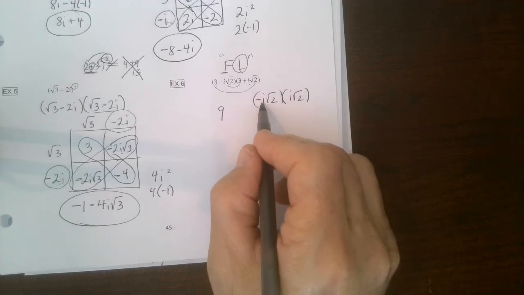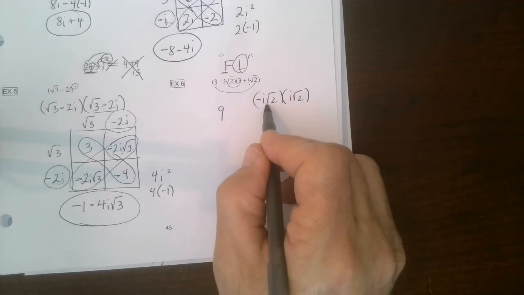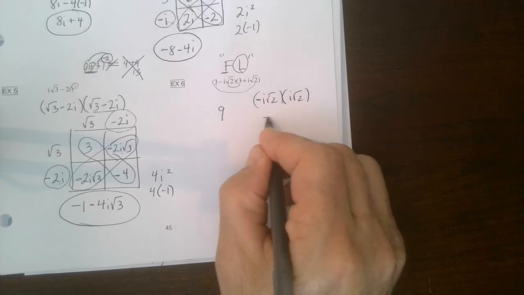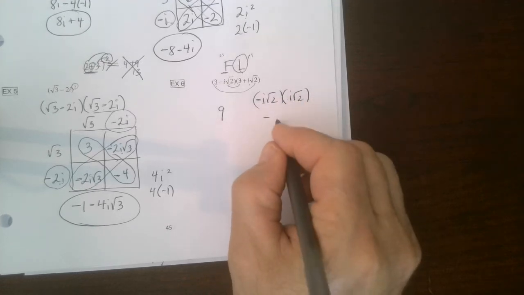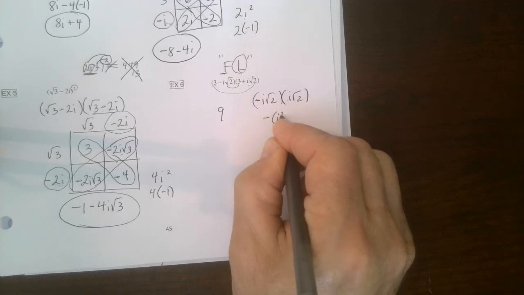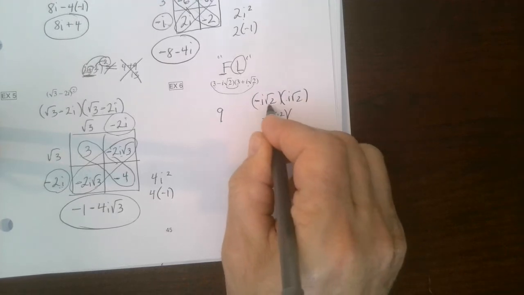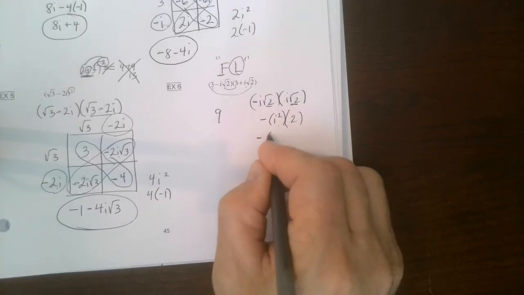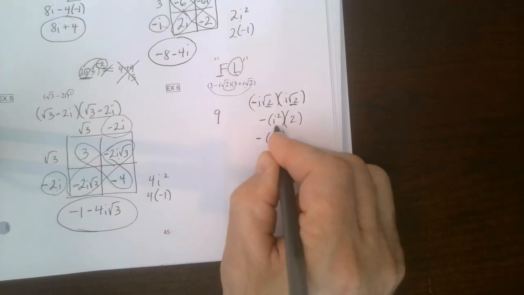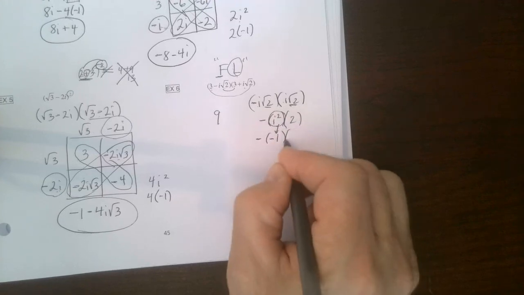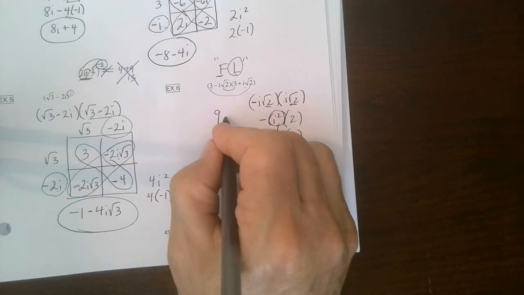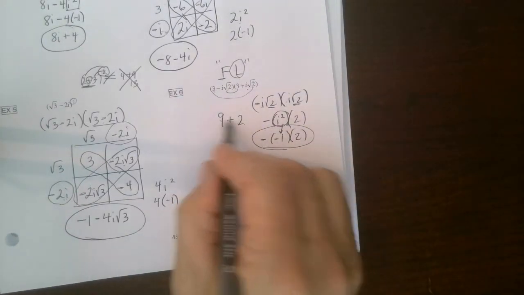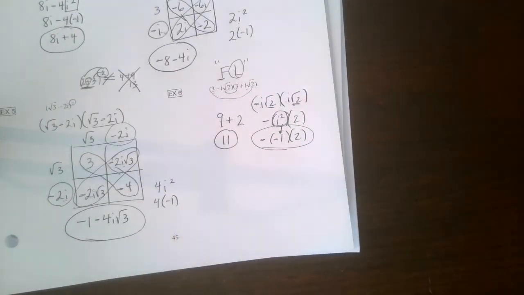This gets a little bit weird, but this negative times a positive is going to be a negative. But then I get i times i, which is i squared. I'm going to show my steps. Square root of 2 times the square root of 2 is just 2. Now this is the same thing as a negative times a negative, because that's what i squared is, negative 1 times 2. And we end up getting plus 2. See, all this makes up 2. And 9 plus 2 is 11. That'll do it.